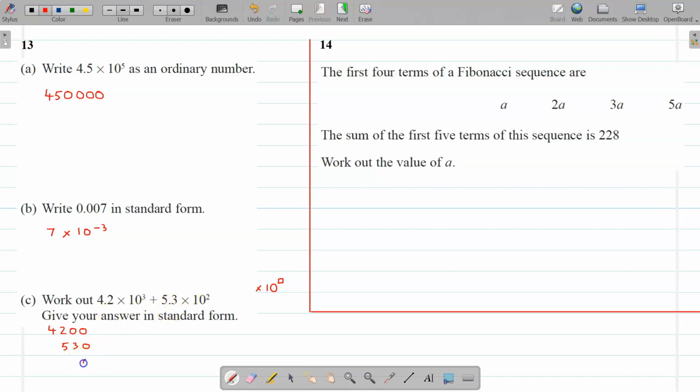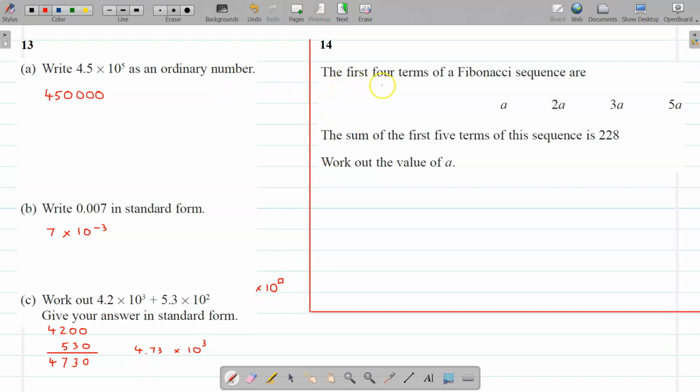Just add them together, you've got a 0, a 3, a 7, and a 4. Okay, and you can see that that's 4.73 times 10 cubed. Okay, so the answer is 4.73 times 10 cubed. Okay, and that's it.